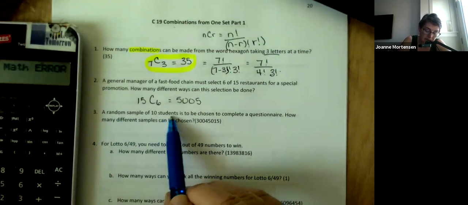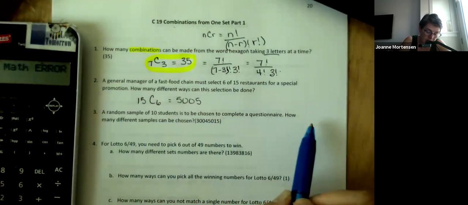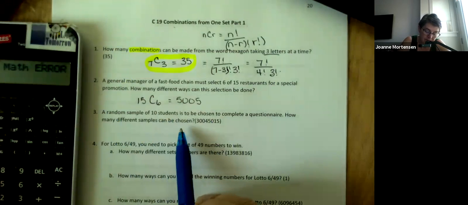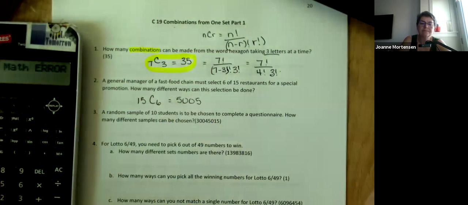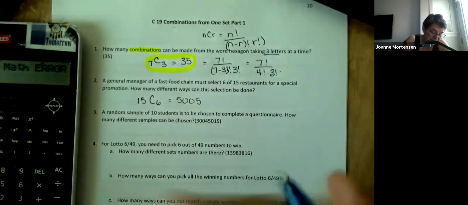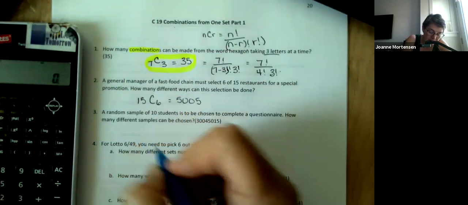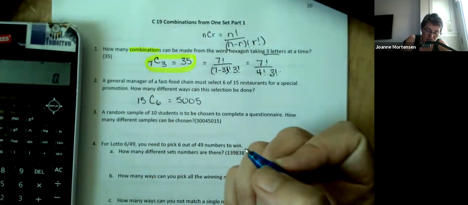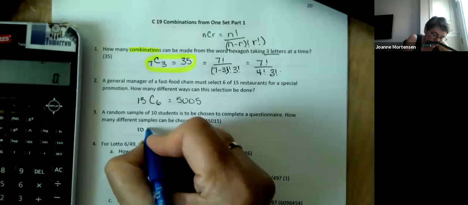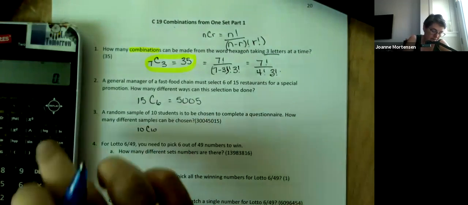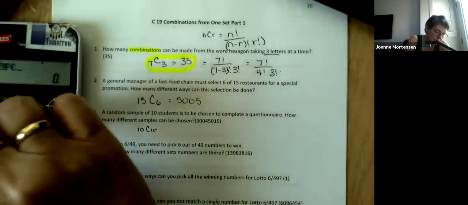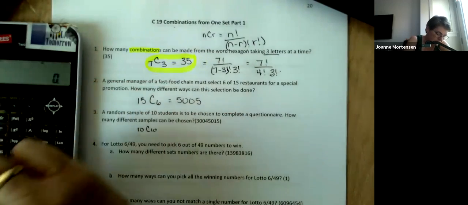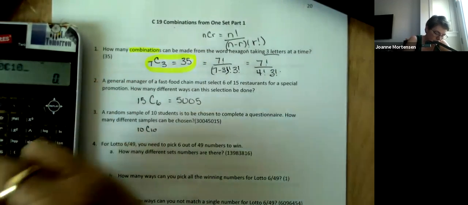A random sample of 10 students is to be chosen to complete a questionnaire. How many different samples can be chosen? I'm pretty sure part of this question is missing. Let me just see what happens if we do 10 choose 10. That should be 1.